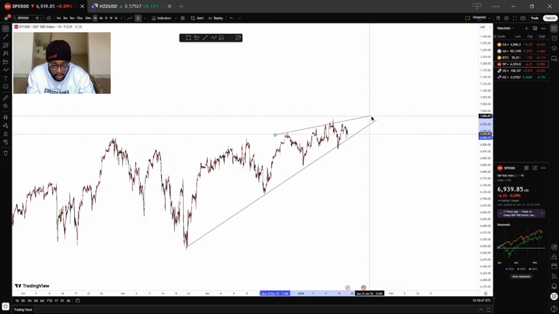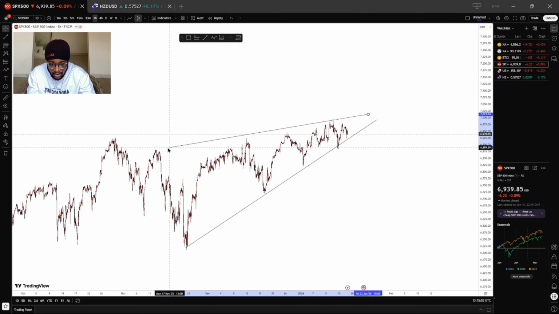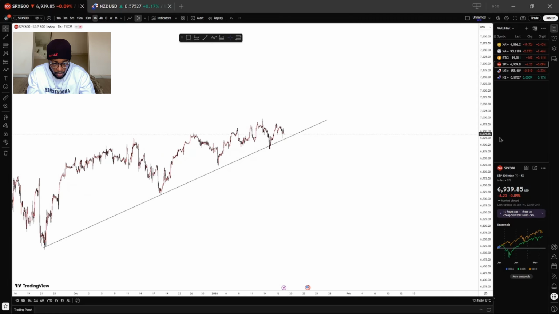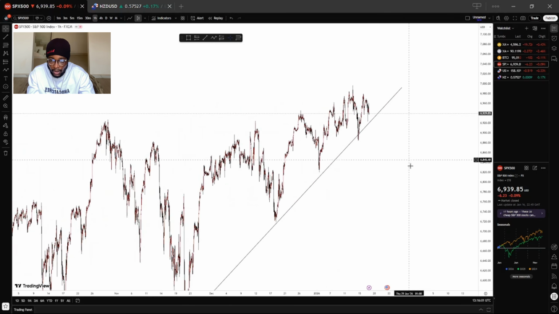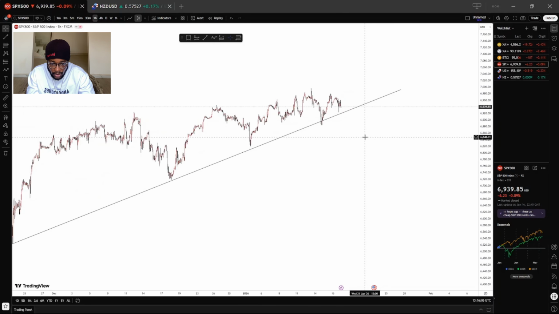So I'm seeing this. I normally, when I'm drawing this kind of lines, I expect it to touch three places, else I'm not drawing it. So let's forget about that one. So are we getting ready for a sell-off on S&P? Maybe not.